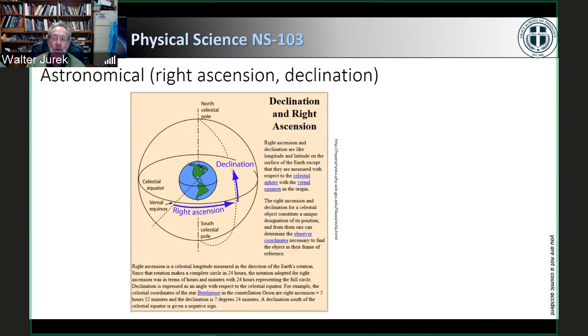Well, if we use that vernal equinox and then come around the globe as shown in the picture, and then go up from the equator, we can actually use that as a way to get a direction to a star or a galaxy or a planet or whatever. But it's just a way of saying the position of what we're looking at.